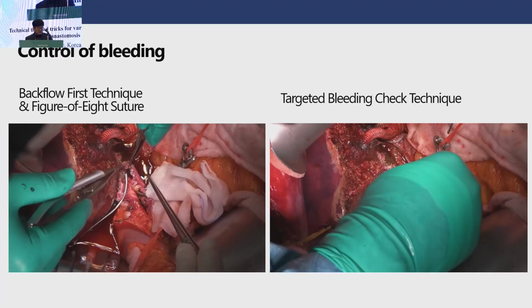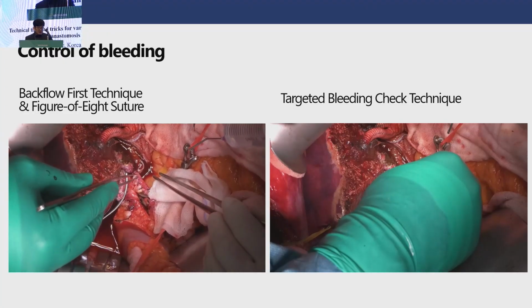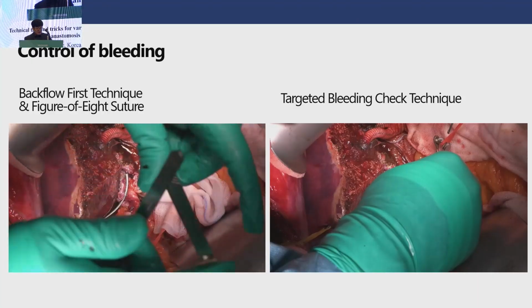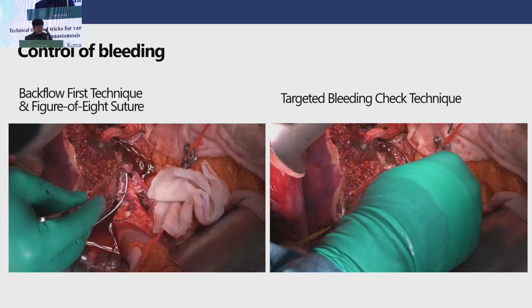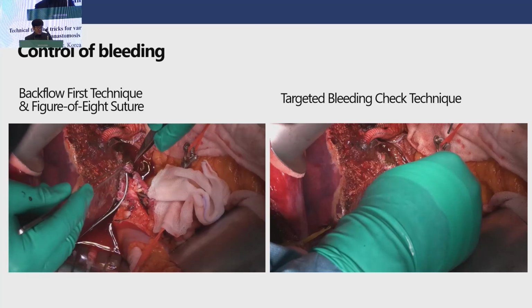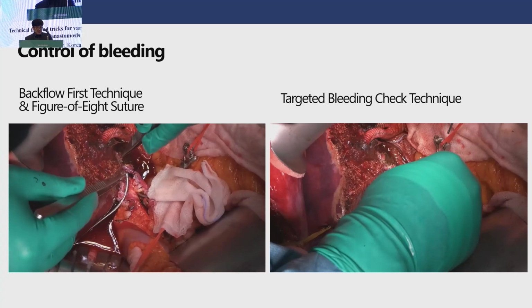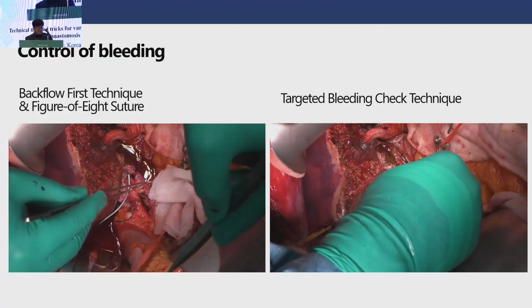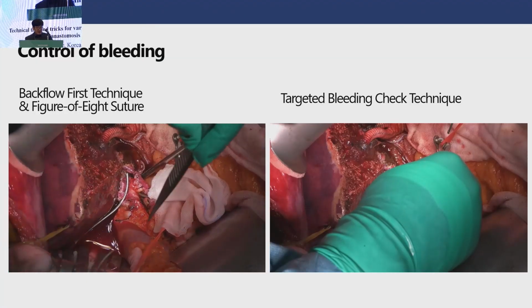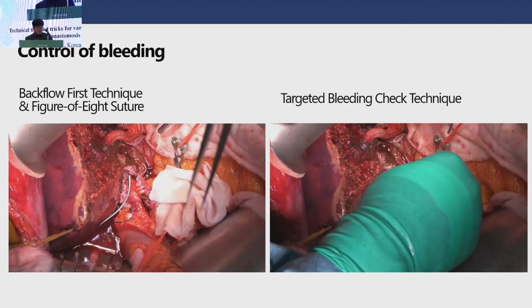If we take a deep bite, the posterior wall can be taken together, which is risky. On the other hand, if the bite is too shallow, we may fail to catch the intima, leading to dissection. To avoid both these problems, we use a figure-of-8 technique, placing two sutures, then tying them securely.